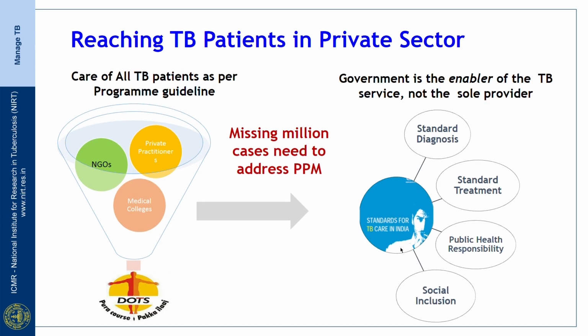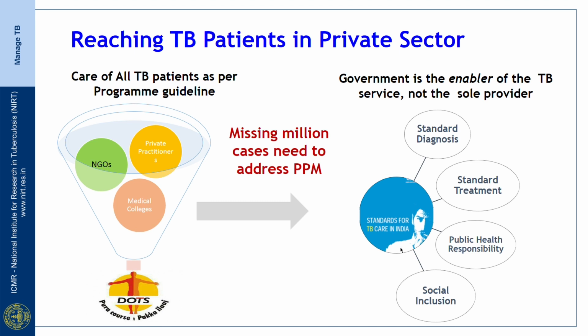The private sector is a big challenge in this country. Given the health seeking behavior in our country, almost 60 to 70% of patients seek primary care, at least the first time, in the private setting in India.